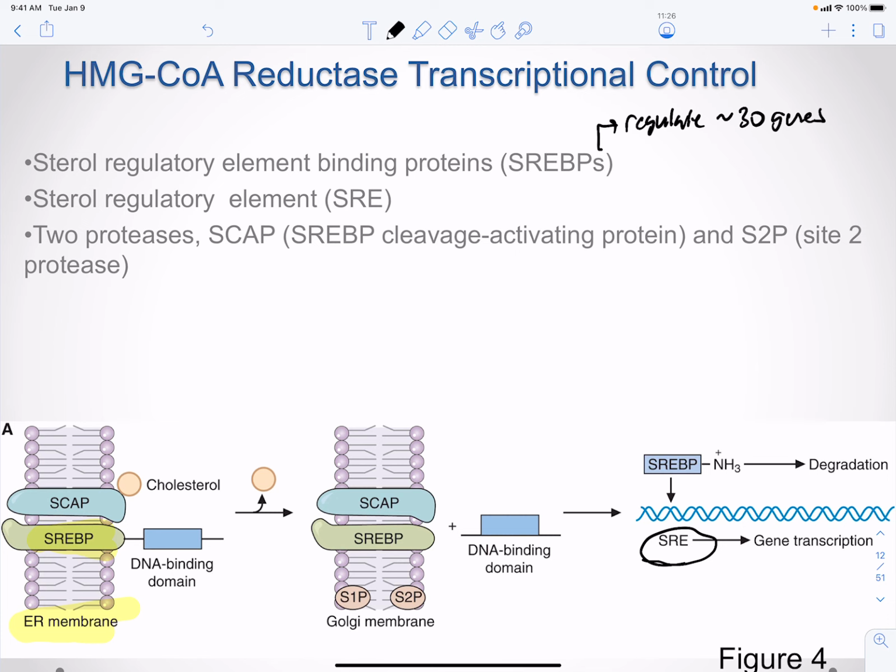Well, in the presence of cholesterol, you have a sterol regulatory element binding protein cleavage activating protein, which is called SCAP. This will bind to cholesterol. And when cholesterol is bound, SCAP will interact with the sterol regulatory element binding proteins. The interaction of SCAP with the sterol regulatory element binding proteins releases the DNA binding domain. And the DNA binding domain is going to go to the nucleus, and it's going to activate gene transcription.